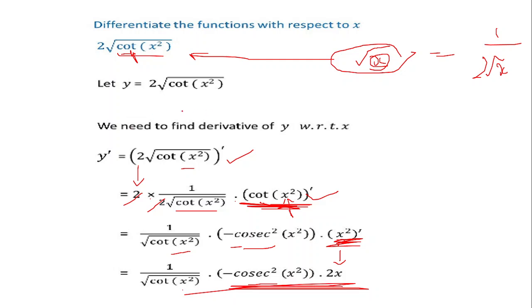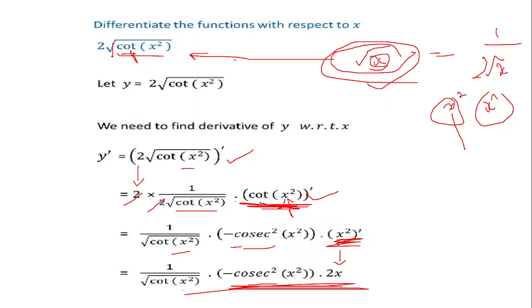Every term should get differentiated. This is the thing. So first, if it is a root, you should consider it in the form of x to the power of n. Then once again you need to go for the inside terms. Here also, see, I have considered root as the first differentiation.